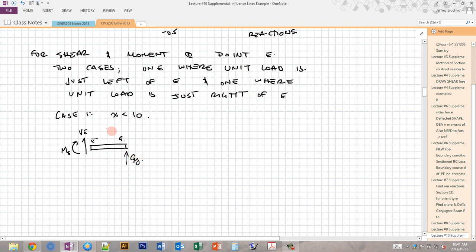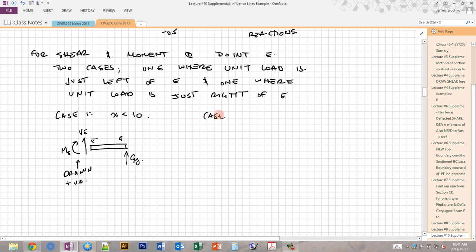And again, our unit load doesn't come into play because right now we're assuming it's to the left of point E. And these two, the moment and the shear, are drawn in the positive sense according to our directional convention. So shear up on the left is positive, and moment that creates a downward bending, in this case a clockwise moment on the left, is a positive moment.